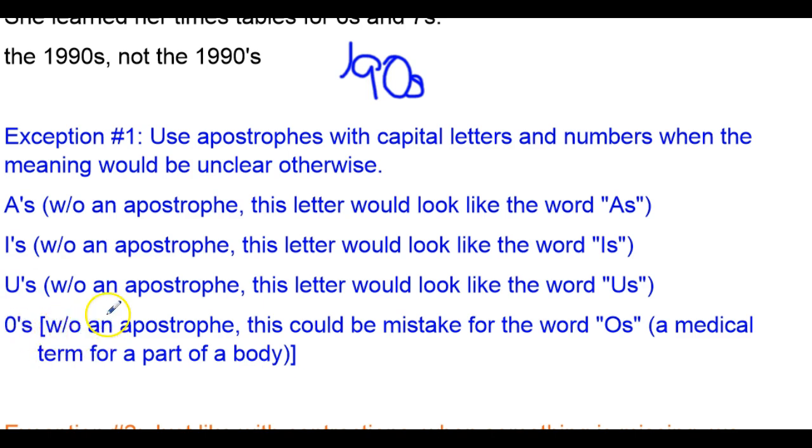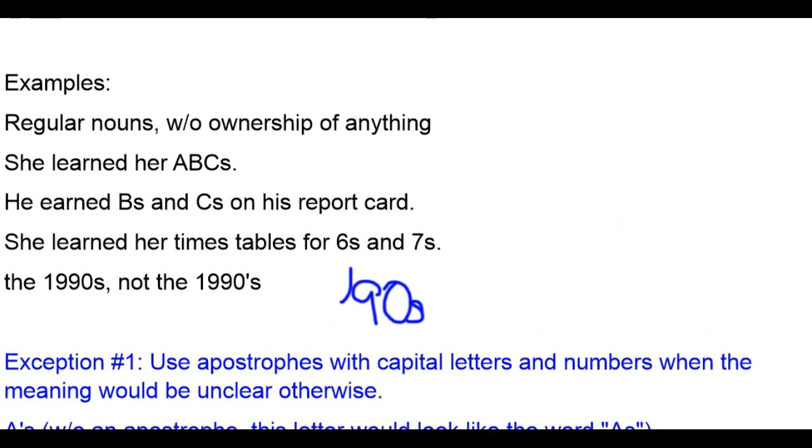So if I say, I'm going to go back up here, if I say he earned A's, B's, and C's on his report card, because I have to add an apostrophe up here to A's, I also, this is going to be ugly, sorry, I also have to add an apostrophe to all these.